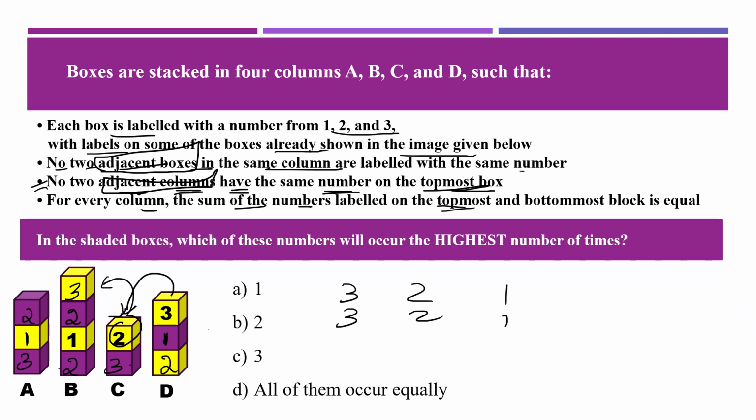The top is 2, bottom is 3 in the first column, so it is 5. Here it is 5, and here it is 5, and here it is 5. Okay, I guess the conditions are done. But will the answer be A, B, C, or D? It's up to you. You comment the answer. Thank you.